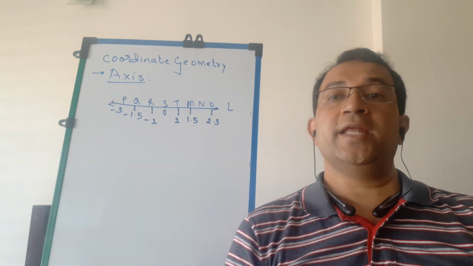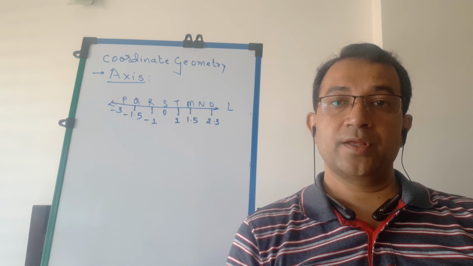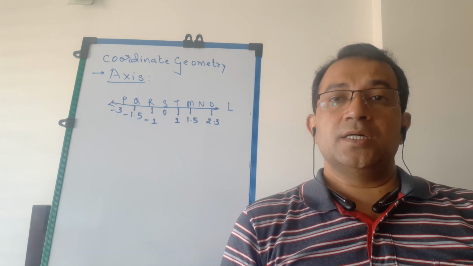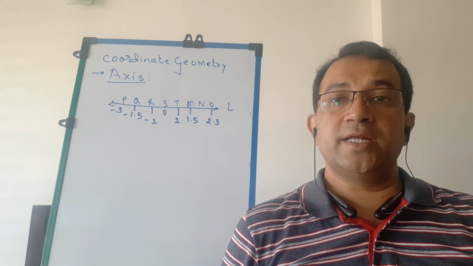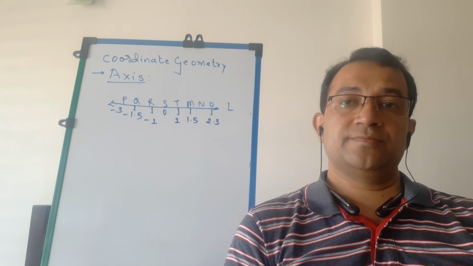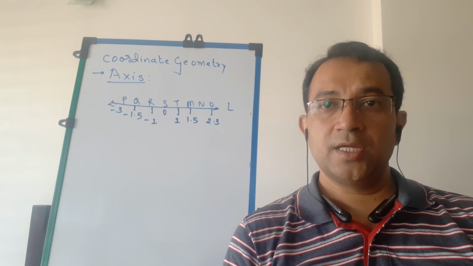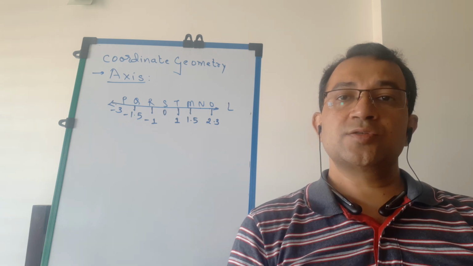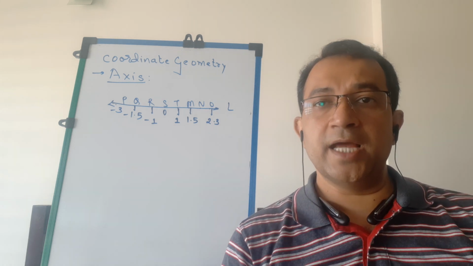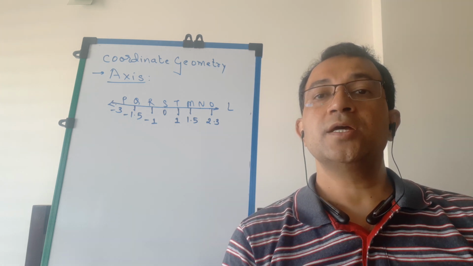How to define an axis, students? Try to understand this very perfectly. A line is considered as union of infinite number of collinear points, or I can say infinite number of collinear points unite together to form a line. So in terms of set notation, a line is a union of infinite number of collinear points.